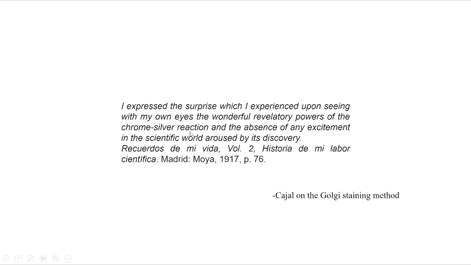So when Cajal first got to know about the existence of such a Golgi staining method from an acquaintance, he was extremely fascinated by this technique, and he decided that he would try to adopt it and modify it.